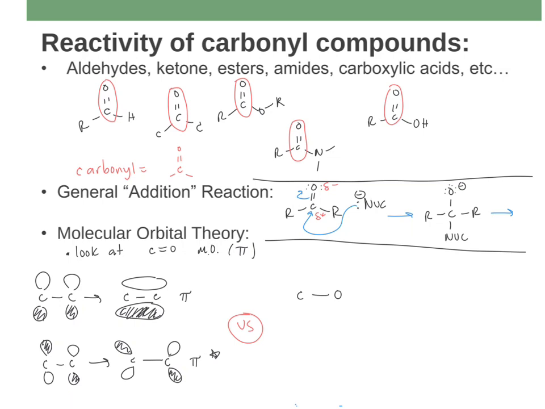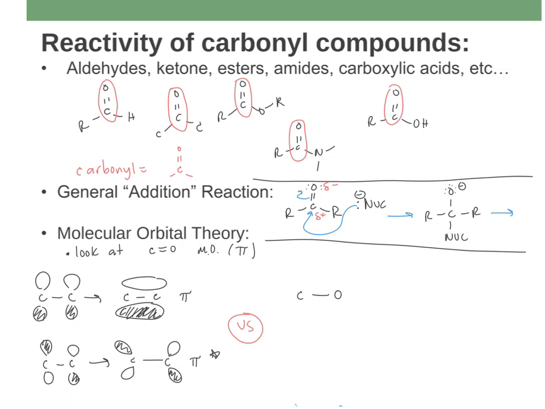So with two carbons, those two p orbitals have the same energy as one another. But if you look at the p orbital on a carbon and an oxygen, the oxygen actually has a lower energy than the one on the carbon, because it's more electronegative, so those electrons are closer to the nucleus and more stable. Hence the lower energy.